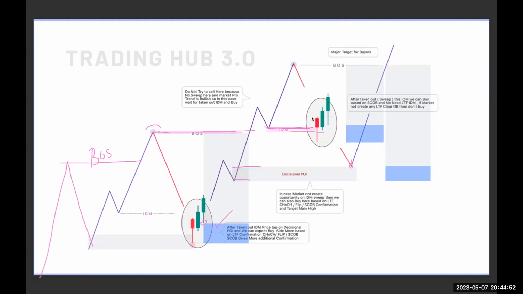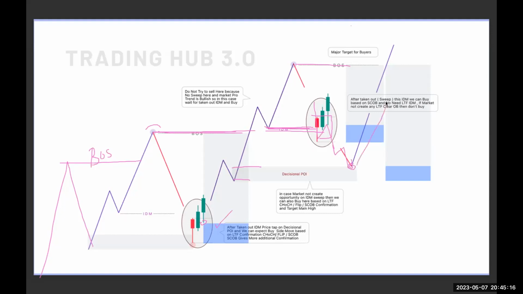It takes out the inducement and you can buy here, sell here based on a single candle order block, simply here and target here. Okay. If the market does not create any single candle order block here, and just gives a reaction and pushes downside, and maybe sharply pushes downside and mitigates your order block here, then you can buy here based on the CHoCH and flip entry model.